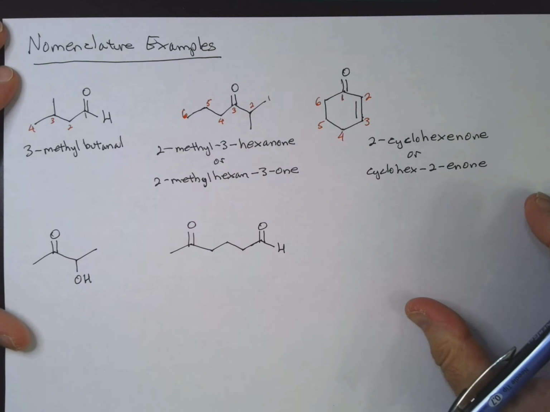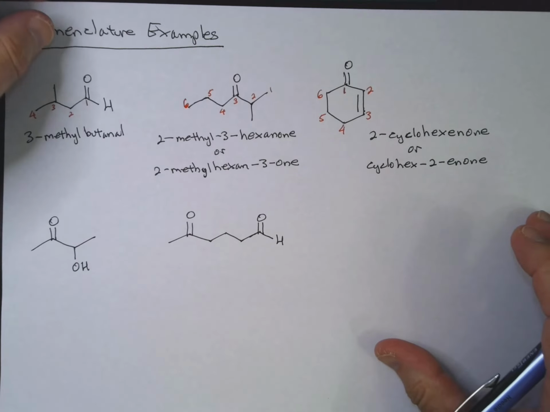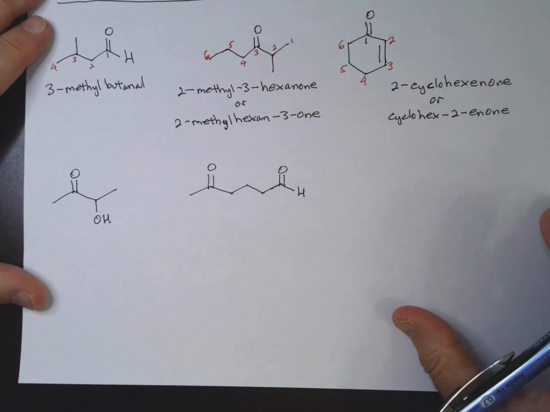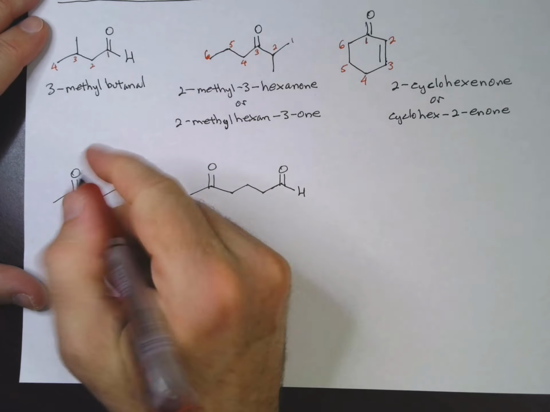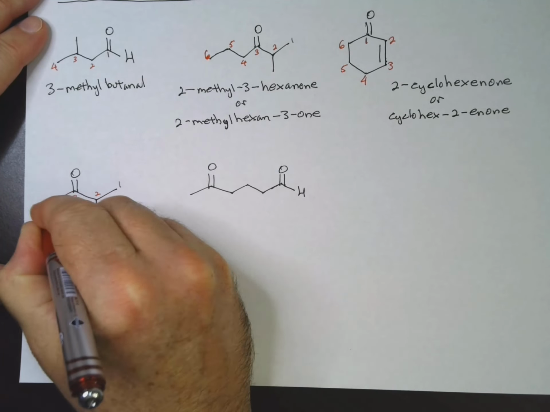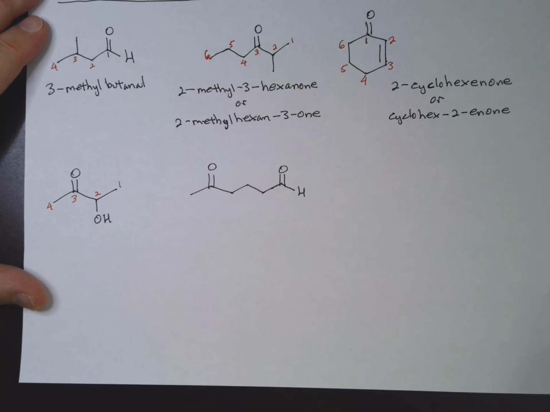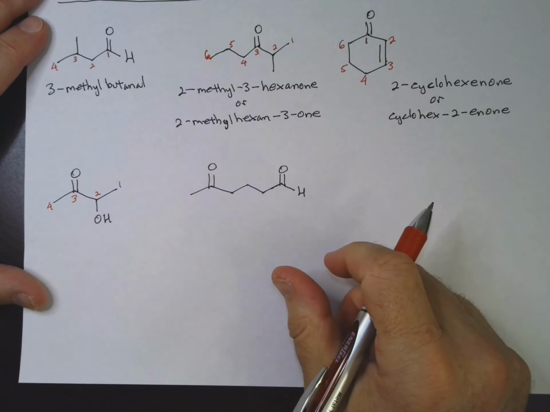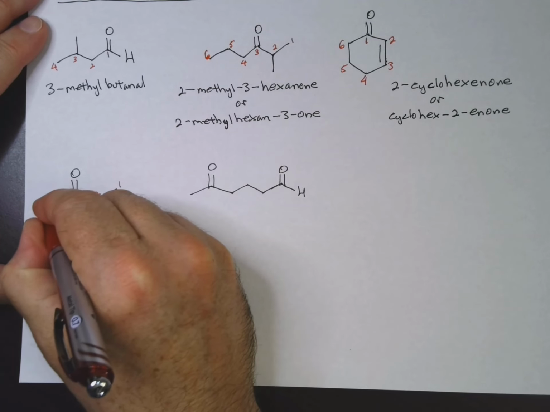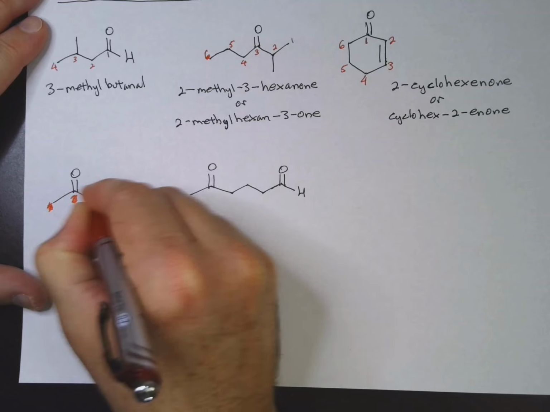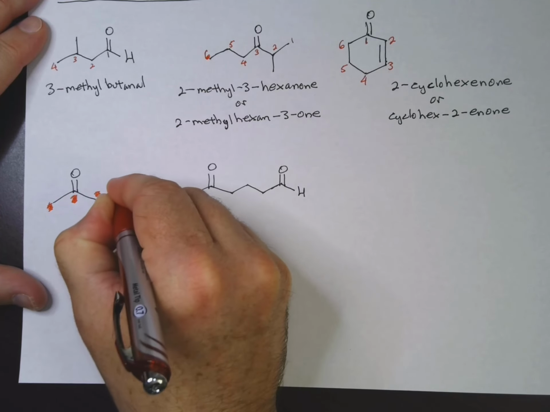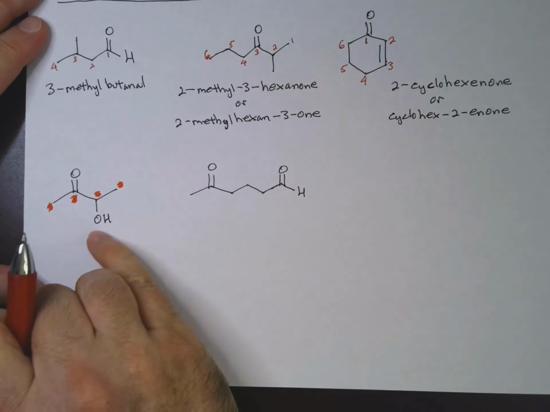Phew, alrighty. Now, next one here, I've got 1, 2, 3, 4 carbons. So I just numbered that in the wrong way, didn't I? Let's scratch those out and do it right. Why did I do it wrong? Well, I got tricked up by my OH there.